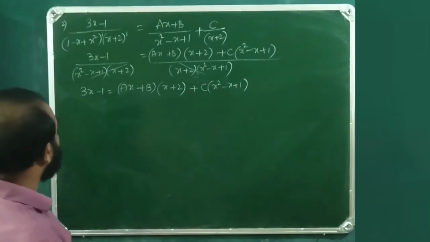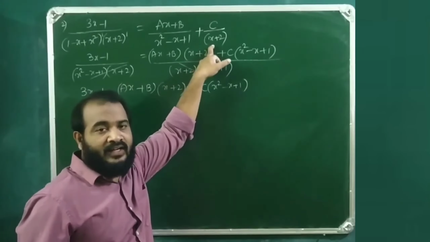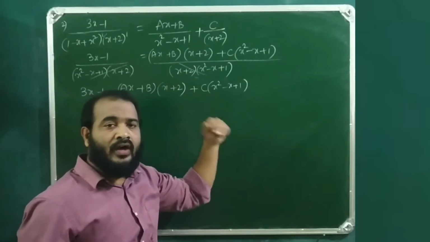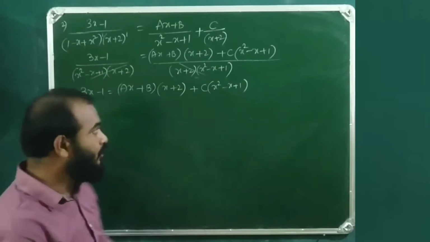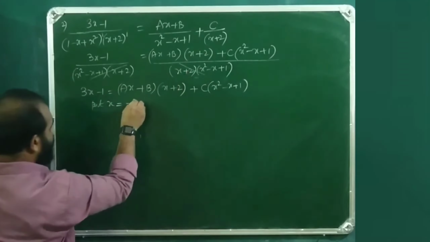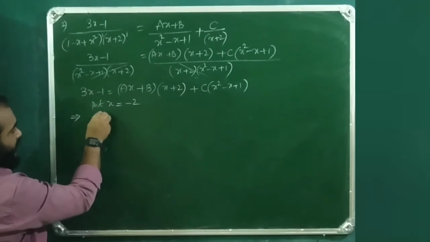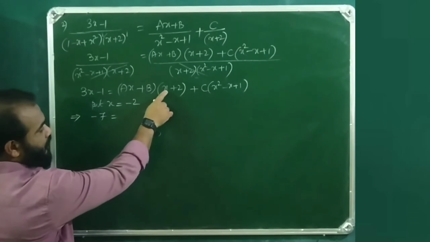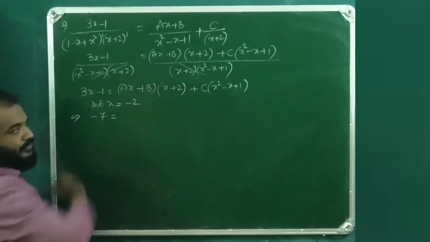So here, x plus 2 is a linear factor. Equated to 0, x equals minus 2 is the root, and the root has to satisfy the equation. Put x equals minus 2, substitute: 3 into minus 2 is minus 6, minus 1 is minus 7. So minus 7 equals, if you substitute minus 2 here, minus 2 plus 2 is 0 into (ax plus b), so this all will be 0.